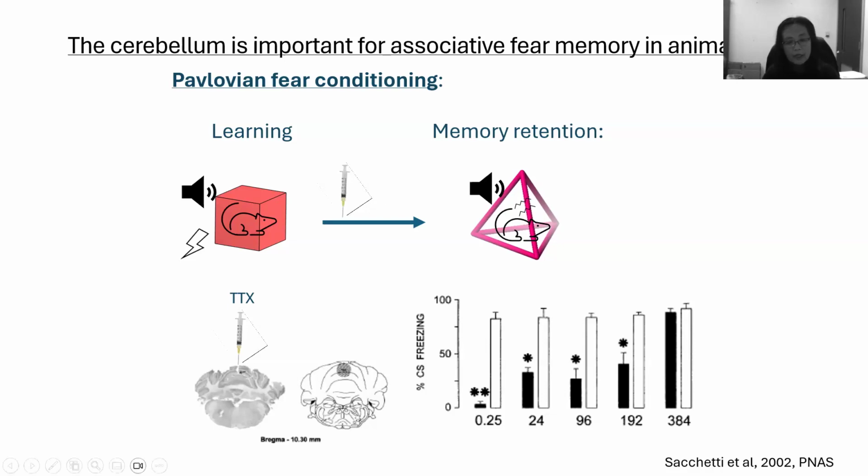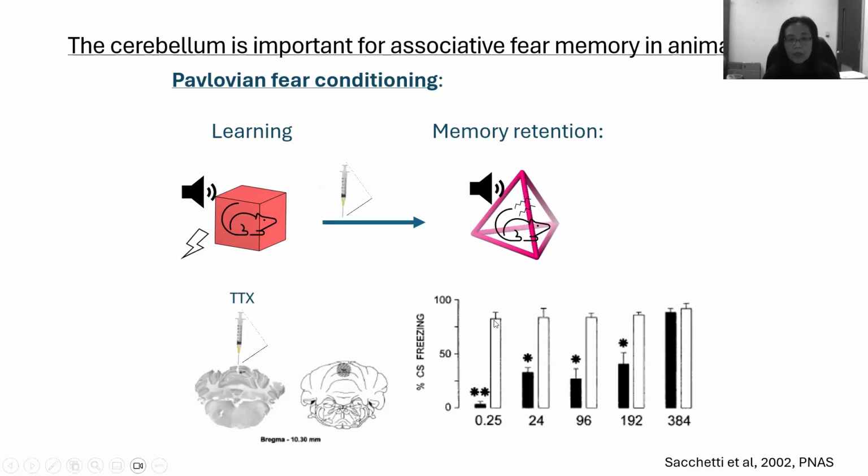That injection can occur 15 minutes after the fear conditioning, or 24 hours, 3 days, a week, or 2 weeks later. Then 2 days after each tetrodotoxin injection, they look at the freezing response to the tone. So that's a memory retention test.